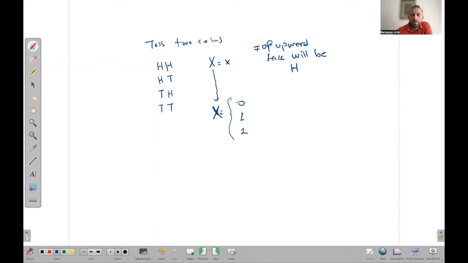If x is equal to 0, I can say that the probability of capital X equal to 0 is... which outcomes give rise to this one? Only this one, right?